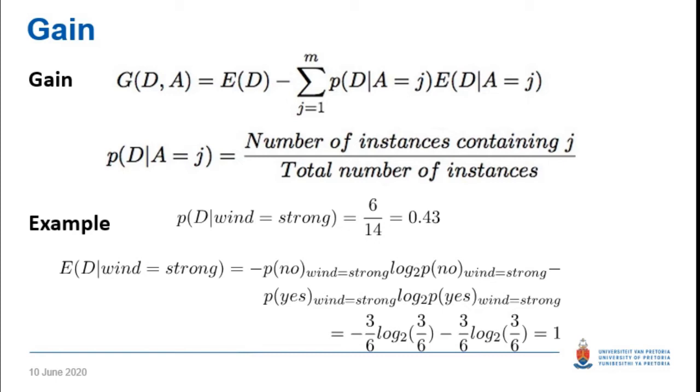We have 2 classes, no and yes, and 6 cases that have a wind value of strong. Of those 6 cases, how many have a label of no and how many a target value of yes? In this case, it's an equal number: 3 of those 6 cases have a class of no, and 3 have a class of yes.